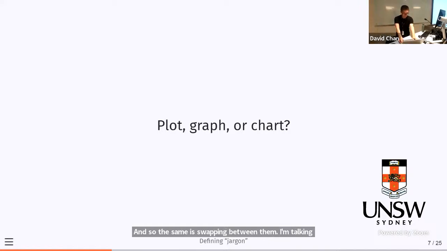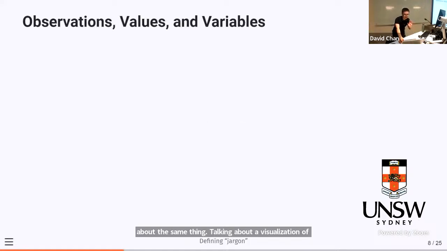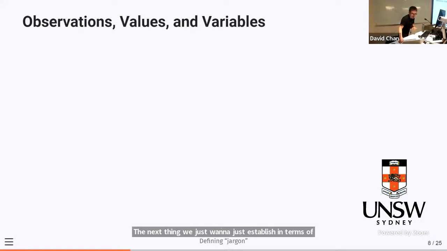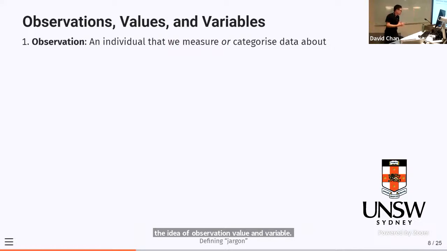The next thing we want to establish in terms of jargon, which I have already used some of, is the idea of observation, value, and variable. Just to clarify what I mean by this, an observation is an individual that we measure or categorize data about. Let's say we're interested in studying apples. Well, in this case, an apple is our observation.